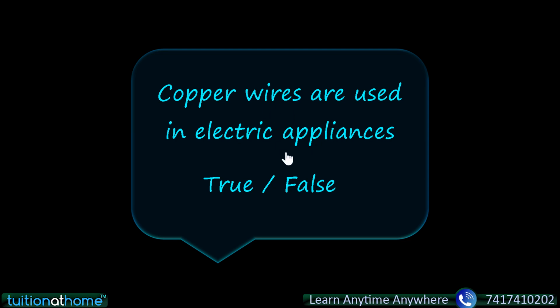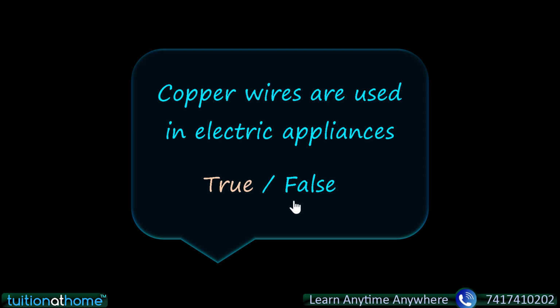That kind of wire will be used. So the question arises, can copper wires conduct electricity or not? They certainly can. Why? Because they are metals. Hence, this is true.